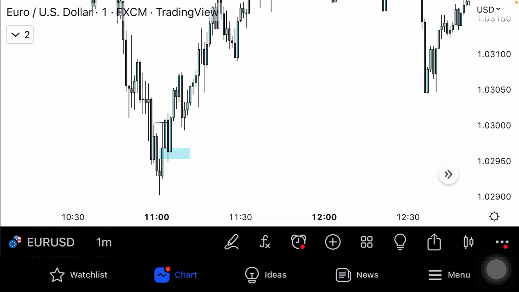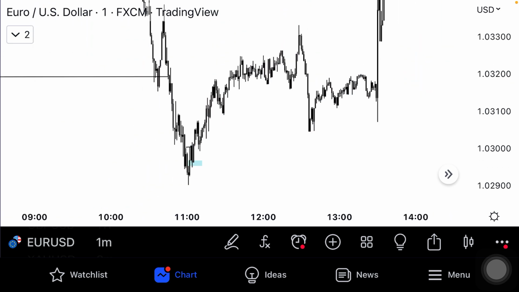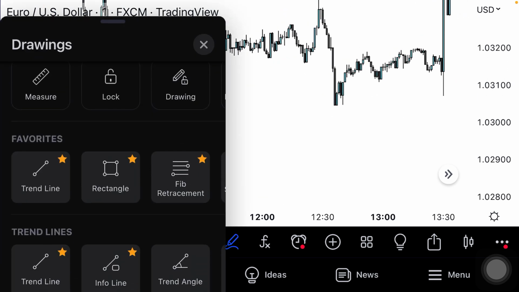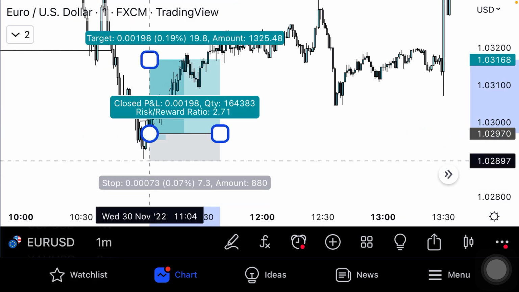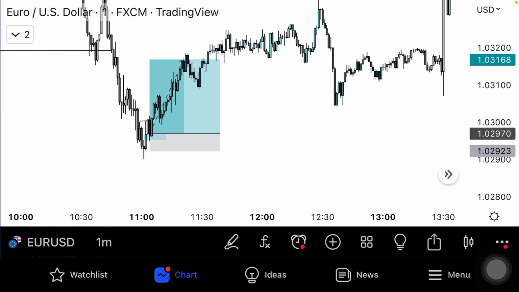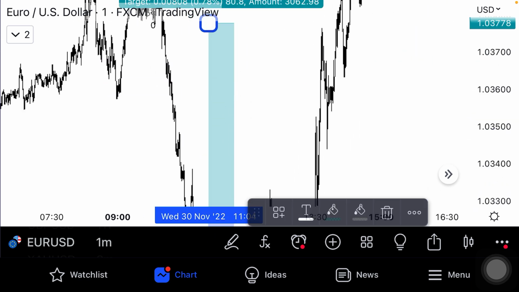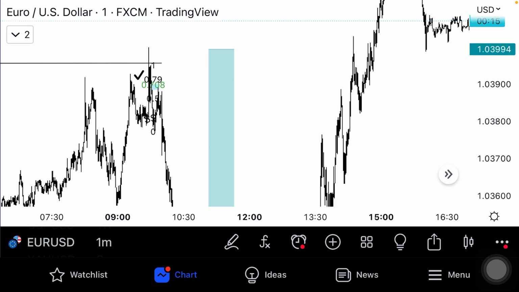So after the market structure shift, the price taps into the fair value gap and moves towards the buy side liquidity. So this is where my entry was, the first entry. My stop loss was below the fair value gap candle, and my target was the high that was made in the New York session kill zone.